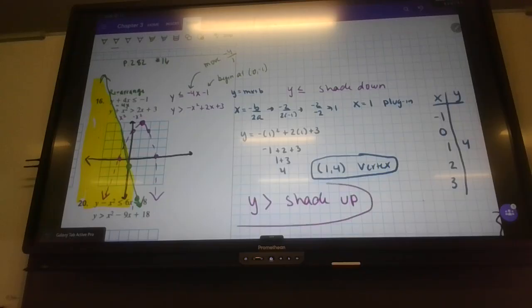So for y's, we're going to shade up. Now, is up inside or is up outside? Well, that completely depends on the arrows. So I'm going to put my pencil on the y-intercept and I'm going to shade up from there. And that happens to be outside the parabola.